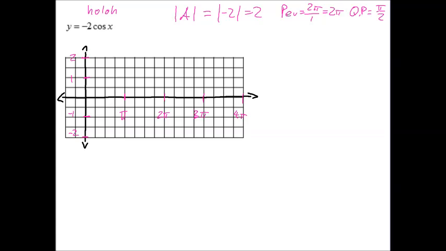However, the negative sign flips the way we plot the points. It flips the entire graph across the x-axis. So instead of starting at our high with our +2, we start at the low with -2. From there we go to 0, to the high, to 0, and back to the low, and keep going periodically like this.